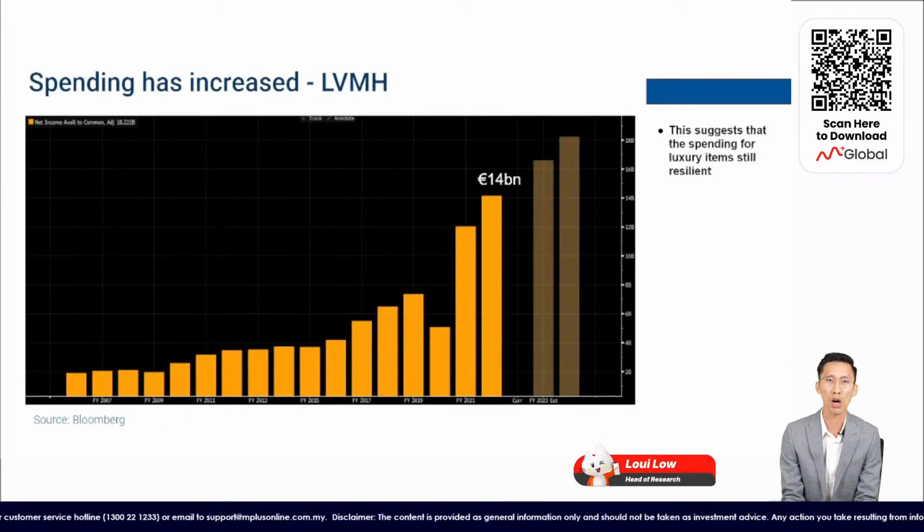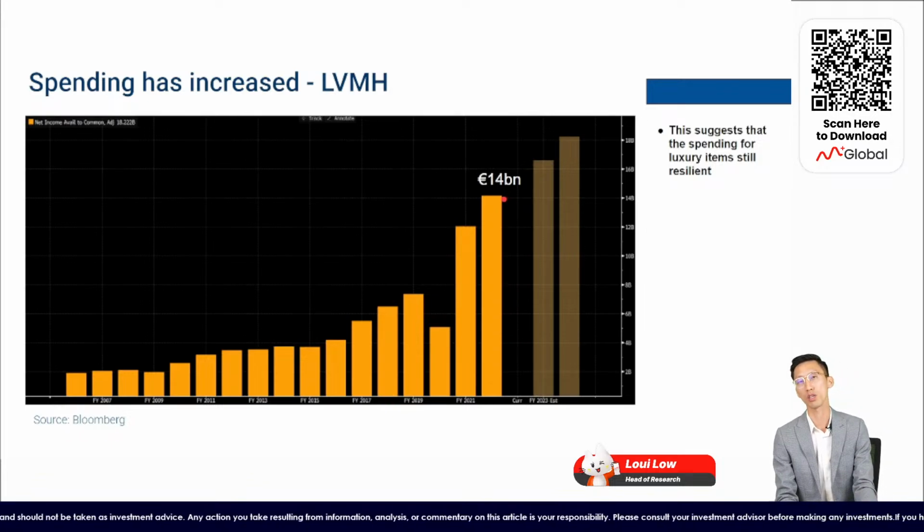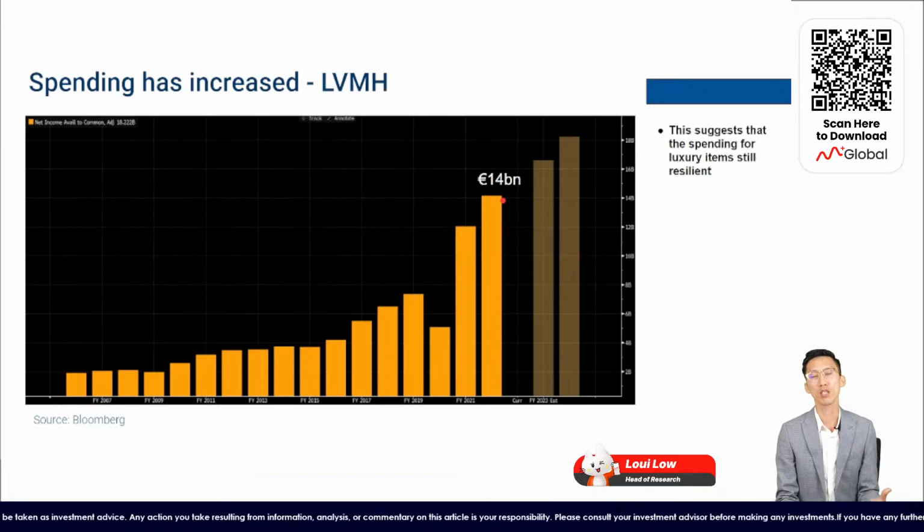Why do I say the spending has increased? Even LVMH, Louis Vuitton, has gone up to an all-time high. Earnings have been going up strongly despite the COVID years, and stronger this year, and in 2022 their share price also went on a very strong trajectory.